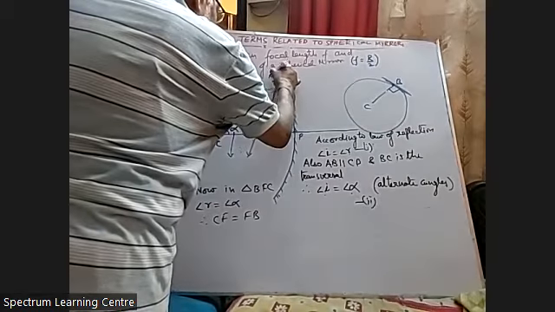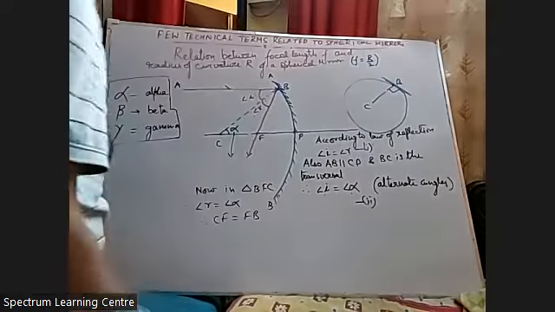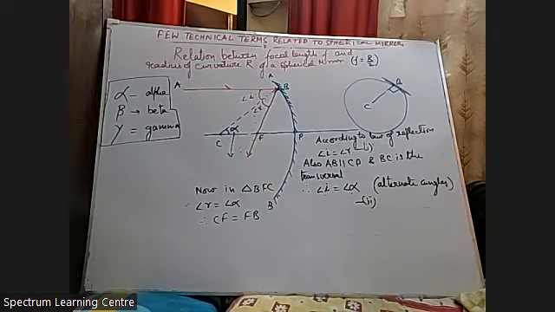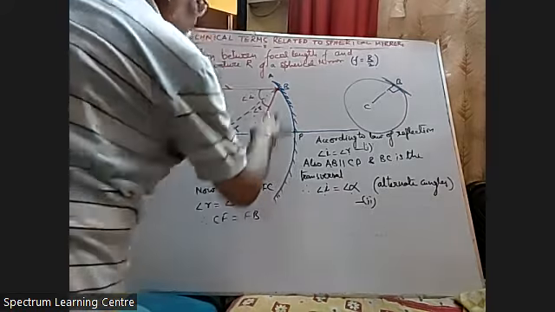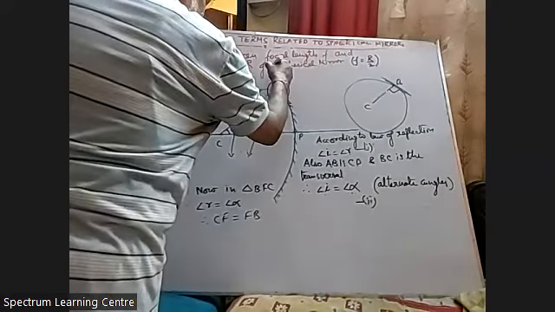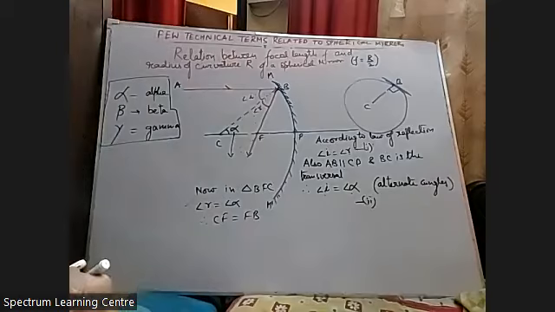This entire reflection length or area. Oh, AB I have already used, so let me use M dash.